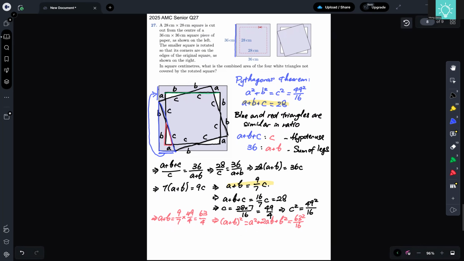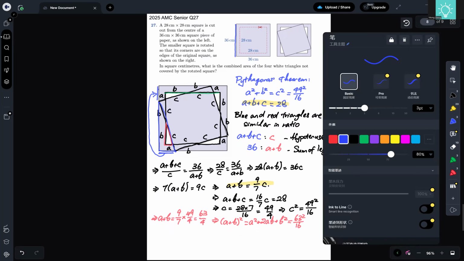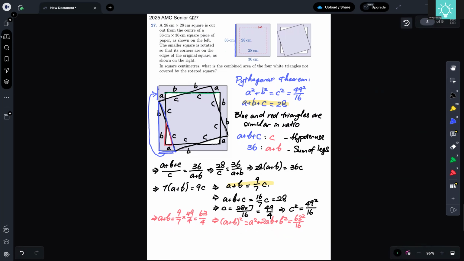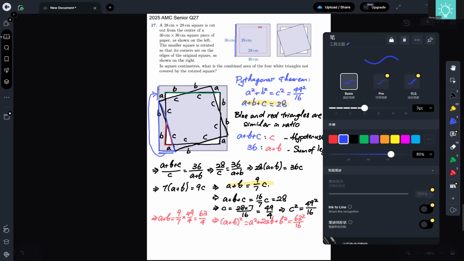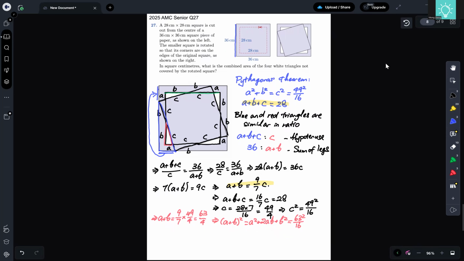What is the combined area of the 4 white triangles not covered by the rotated square? That's what the question is asking us, right? So what is that area that we want equal to? So the area of the 4 white triangles. What is that area? 4, because each of the triangles has the same area.